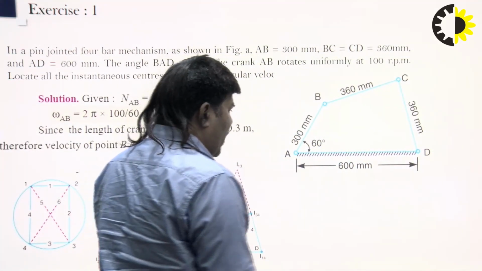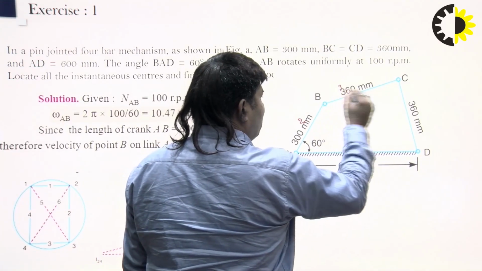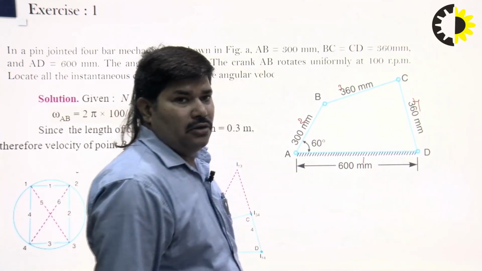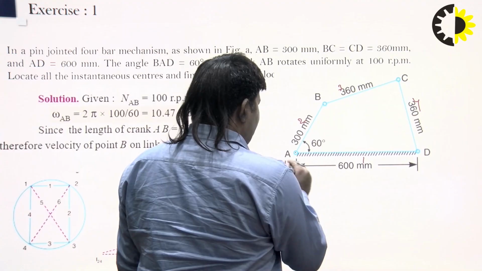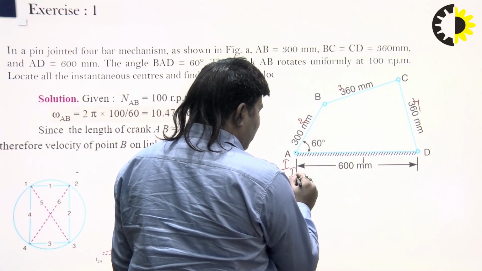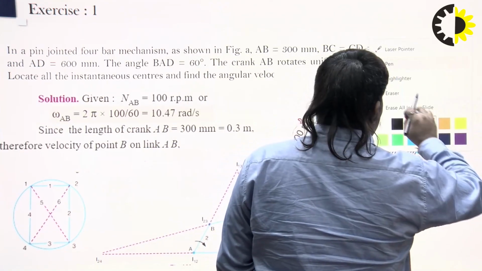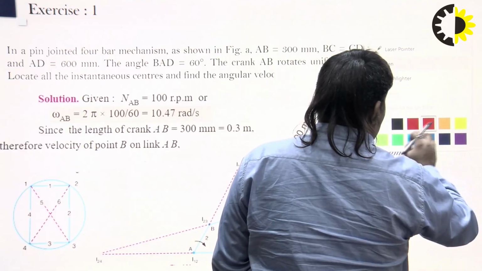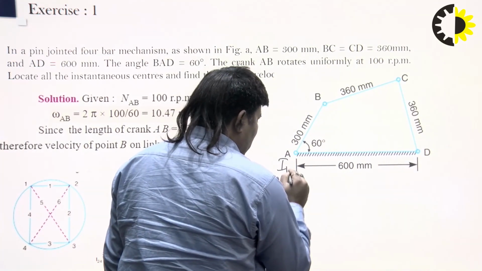First of all, you can see the points 1, 2, 3, 4, right? This point is where link number 1 and 2 meet, so it is I 1, 2.